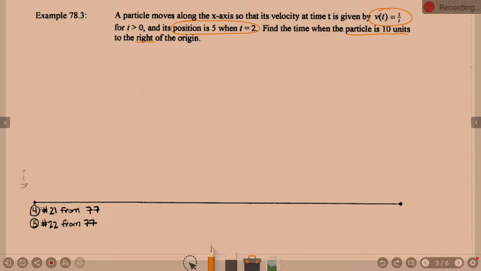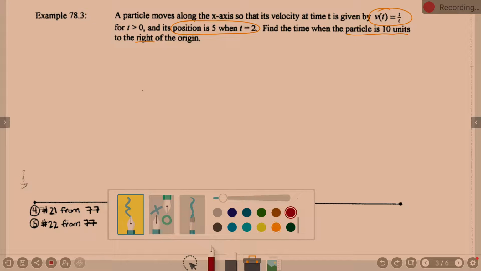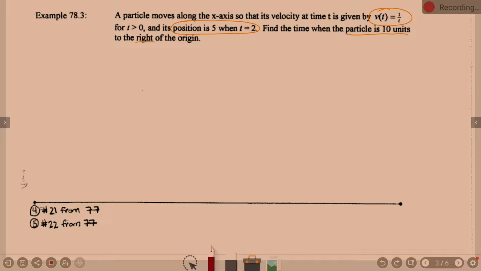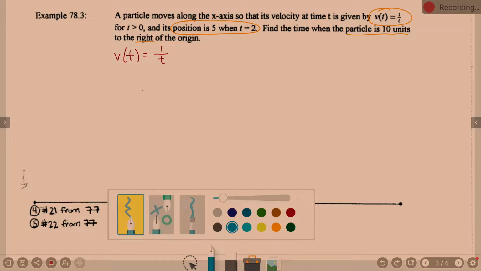Okay. So position is going to be the integral of velocity. So v of t is 1 over t. And if that's the case, then we know the position.